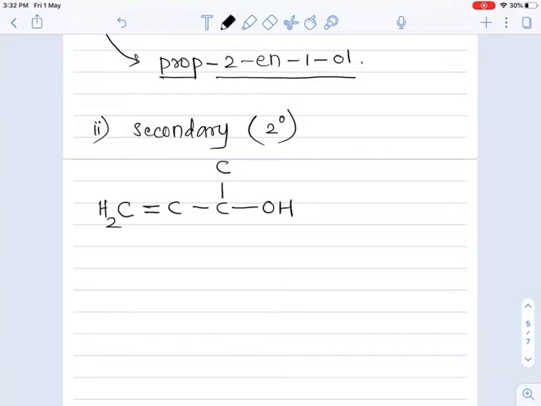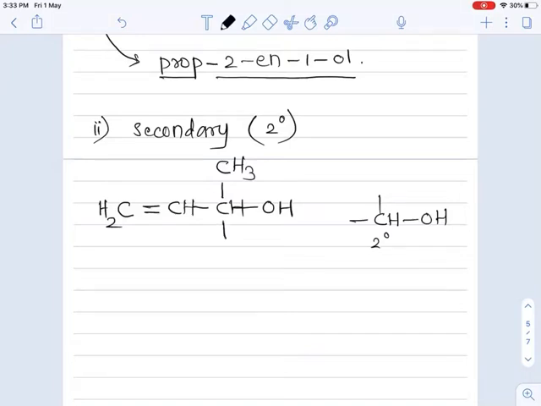So here we get CH2=CH-CH(OH)-CH3. Now you observe the carbon attached to the OH group is CHOH. This divalent CH-OH group is nothing but the functional group of a secondary allylic alcohol.